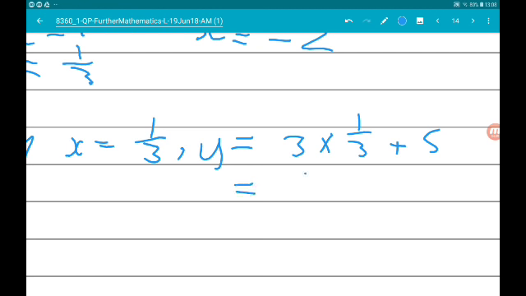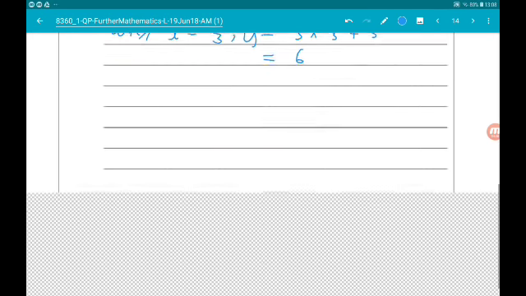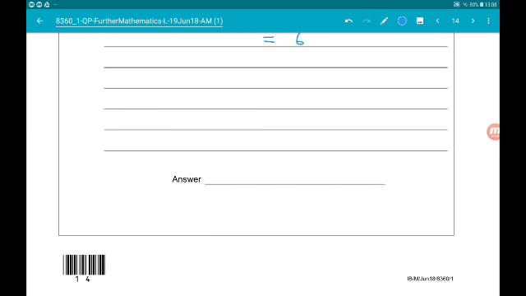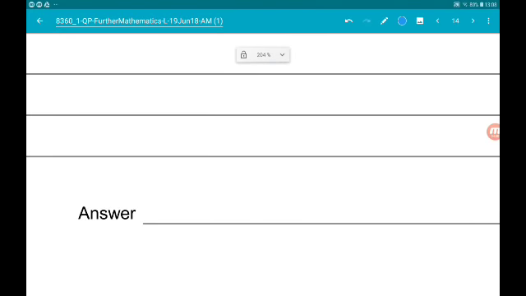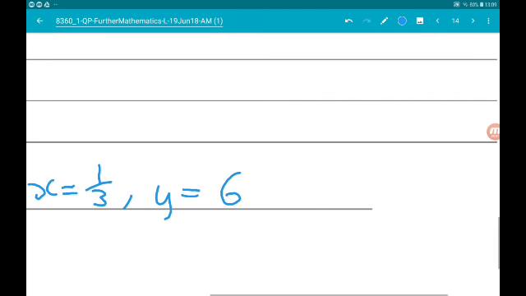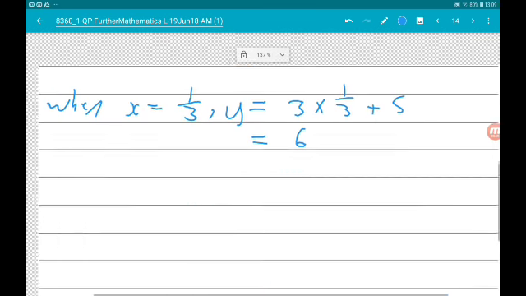So y is equal to 6. So one of our solutions, one of our sets of coordinates, is x equals 1/3, y equals 6, which in coordinate form we could write as (1/3, 6).